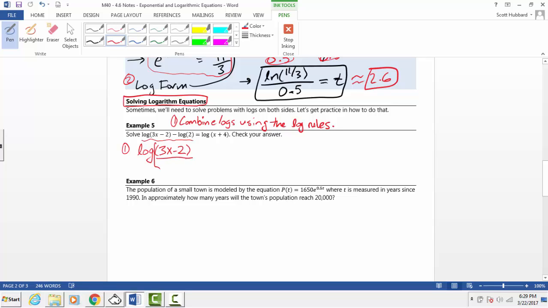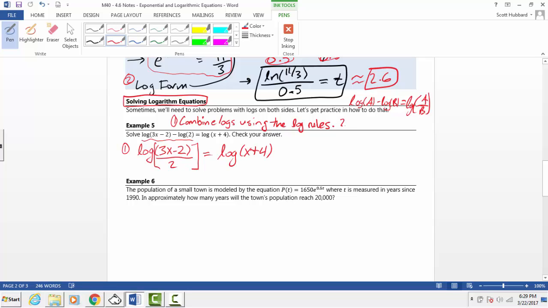It gets divided, so it's divided by 2. Because remember, with subtraction you divide. Let me write the rule again: log A minus log B equals log A over B. And the right side is just log. There's only one log, so there's nothing we can do there.